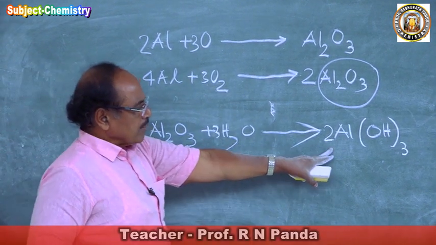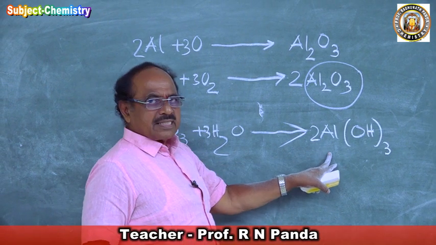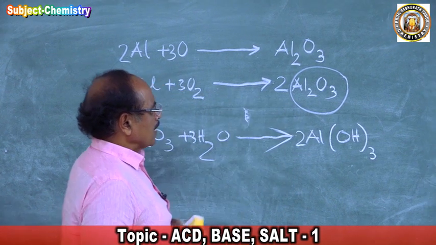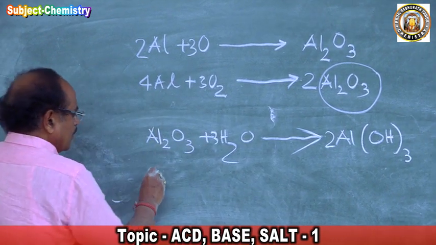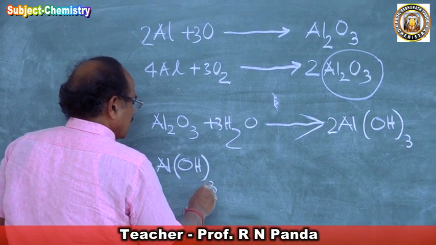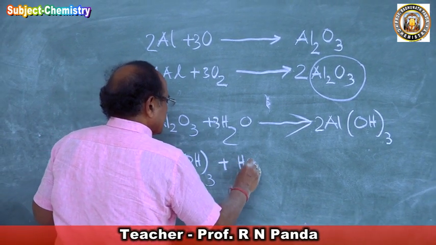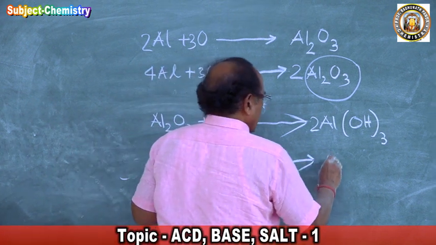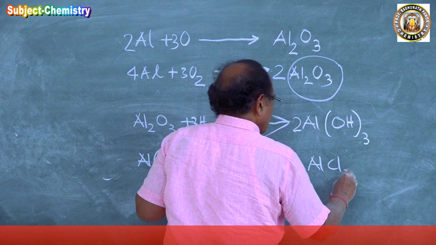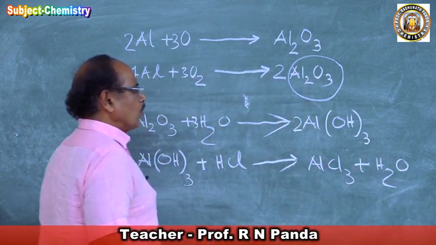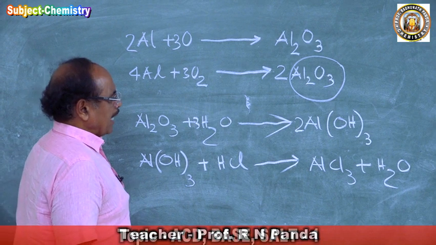This aluminium hydroxide reacts with acid, and this aluminium hydroxide also reacts with base. If you take aluminium hydroxide and add acid, HCl, hydrochloric acid, this forms aluminium chloride and water.